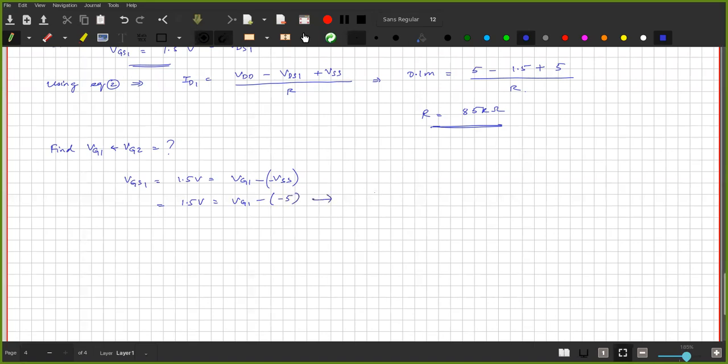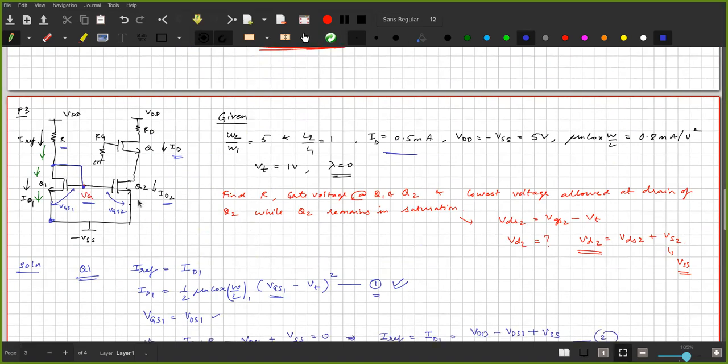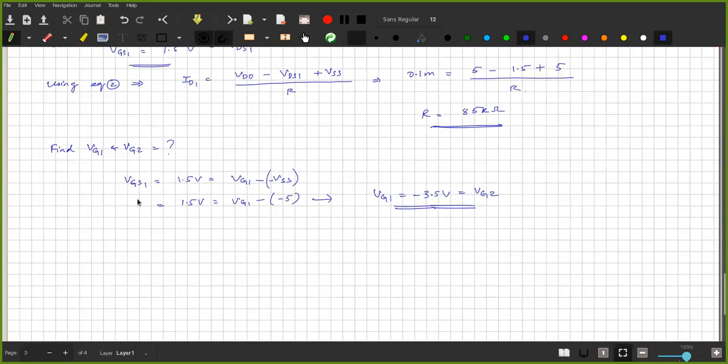So from this VG1 is actually minus 3.5 volts. Now if VG1 is minus 3.5 volts, VG2 will also obviously be minus 3.5. You can ascertain this by looking at the diagram itself. This value is VG1, the same value for the second transistor Q2 also. So VG1 and VG2 are minus 3.5.